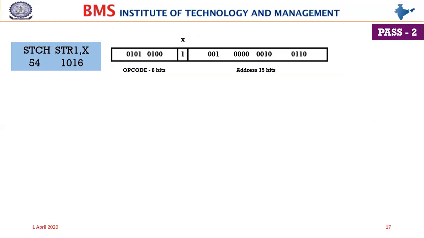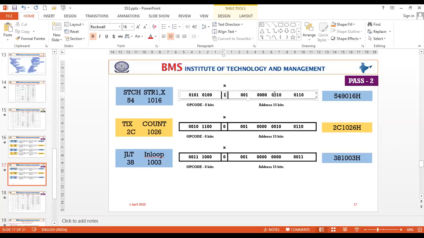Yeah, this is supposed to be 1. 54 is written in the binary representation. Now you can see the X bit is 1. Next is the operand address, which is 1016. So 0001 is 4 zeros, 16 is supposed to be 0001, and 6 is 0110.